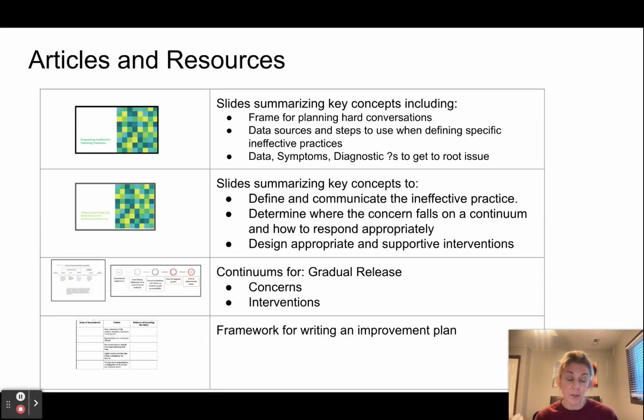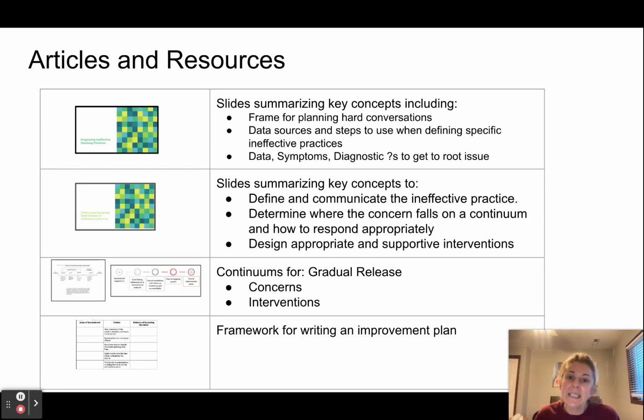And this is an important part of the process that is really difficult for me to simulate with you asynchronously. But a lot of times at first glance, it might appear that there's a lot of different problems. But when you're diagnosing, you're really working to get to that root issue.